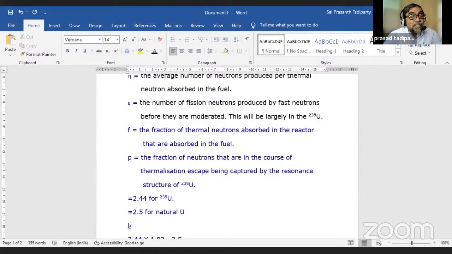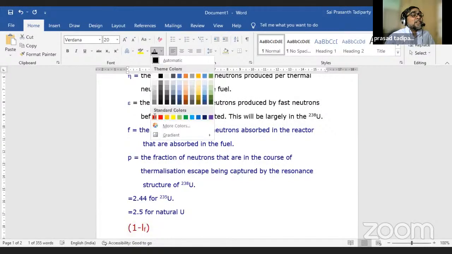So the fraction of fast neutrons remaining in the reactor is, if LF is the loss, finally you have 1 minus LF. That is the remaining factor. So this is one important factor, and we will keep it in the other term.